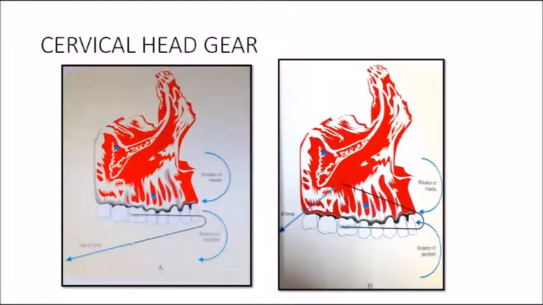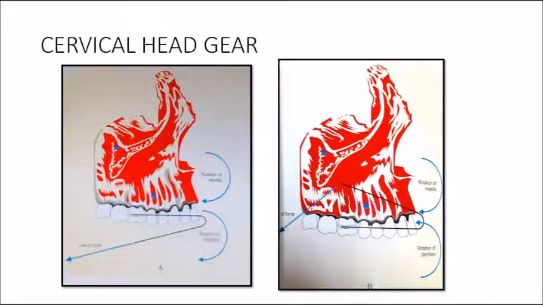So we are going to discuss the biomechanics of the headgears, how altering the line of force application brings about changes in the skeleton as well as the dentition. To understand this, we have to remember where the center of resistance of the maxilla and maxillary dentition is located. In the first scenario, the line of force for a cervical headgear passes below the center of resistance of the skeletal tissues as well as the dentition.